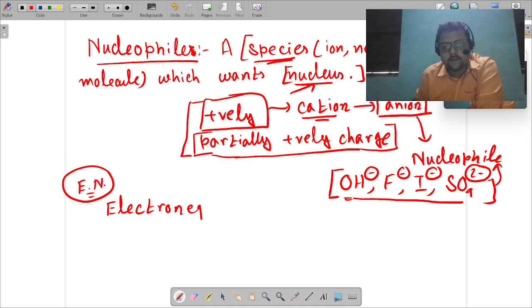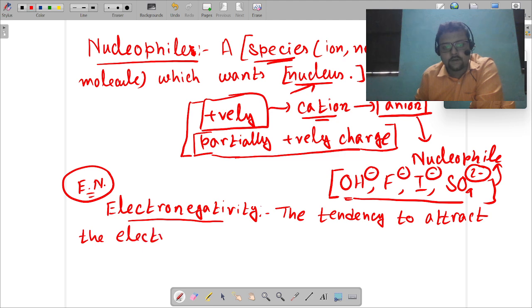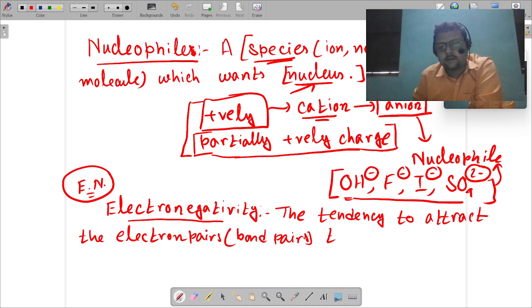Electronegativity in its simplest form means the tendency to attract the electron pairs, most often bond pairs, towards itself.